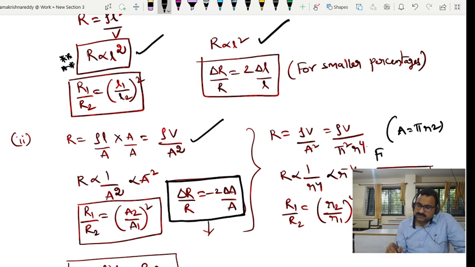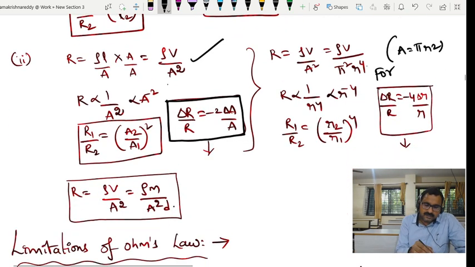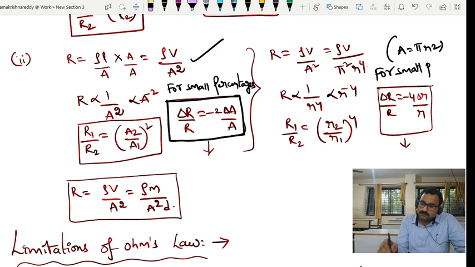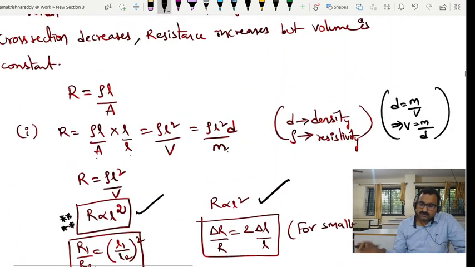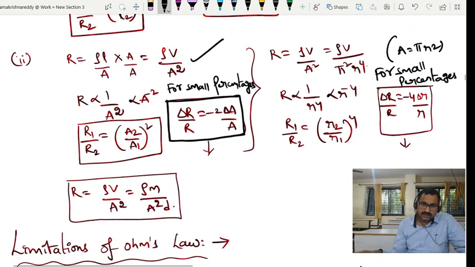For small percentages, we can write in this way. Otherwise, we can write in the form of this also, because in rho V by A square, volume is equal to mass by density only. That is, we can write in this way.